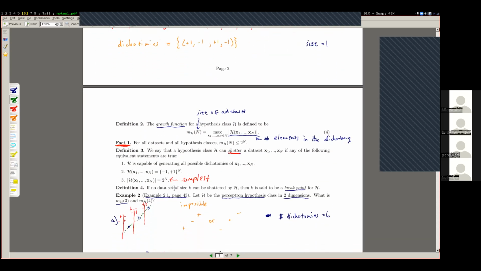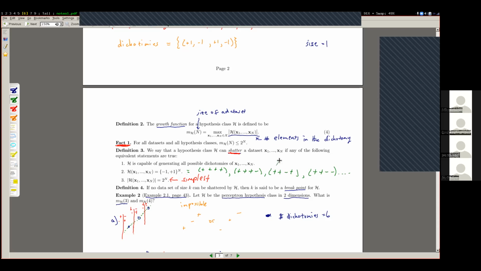What this notation of the set raised to the n power means is that, I'll draw an example of plus, plus, plus, plus; plus, plus, plus, minus; plus, plus, minus, plus; plus, plus, minus, minus, and so on.